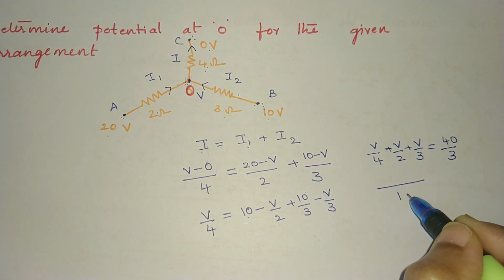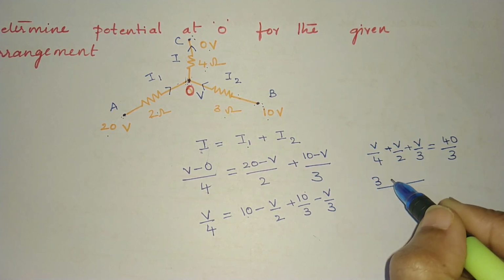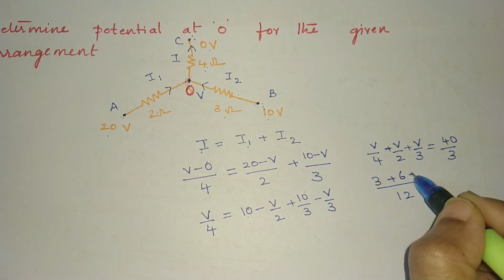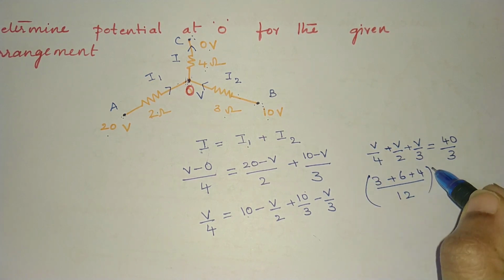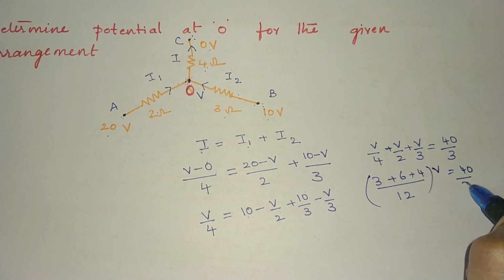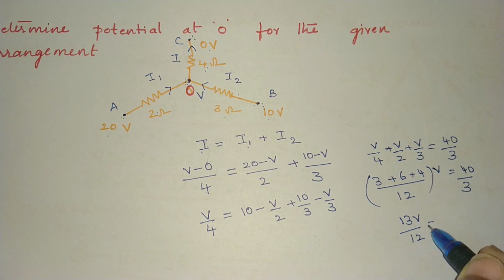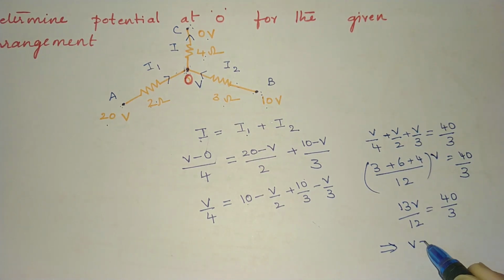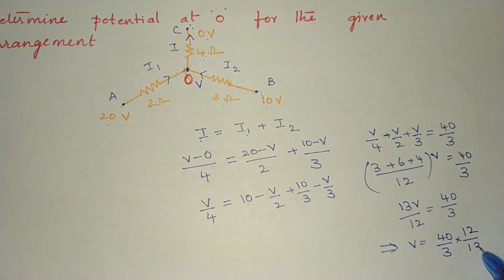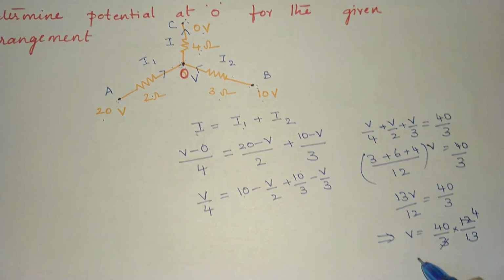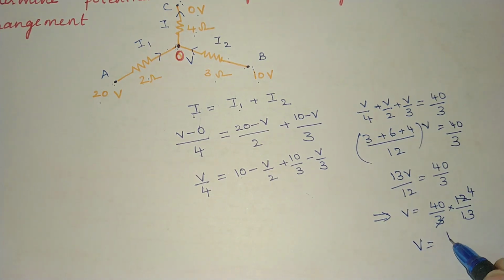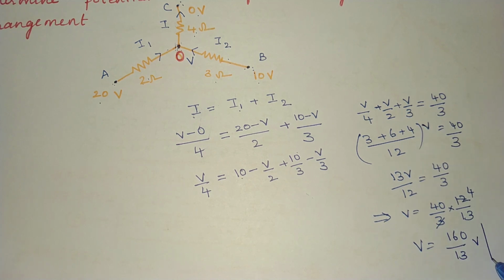Take LCM 12: 3 plus 6 plus 4, into V, should be 40 by 3. That is 13V by 12 is 40 by 3, which implies V is equal to 40 by 3 into 12 by 13, or potential is 160 divided by 13 volts.